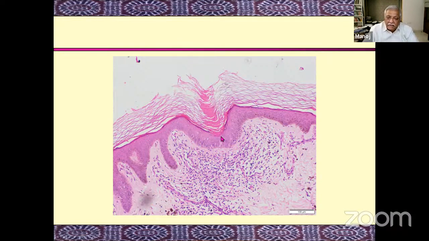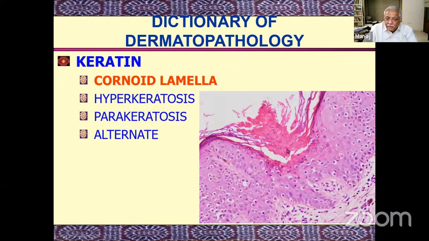So obviously, what you can conclude is that the epidermal cells underlying this area are different from the epidermal cells here adjoining, because here the cells are not able to separate as fast as these adjoining ones can. Here the nuclei are a little bit maintained, so there is some parakeratosis also.